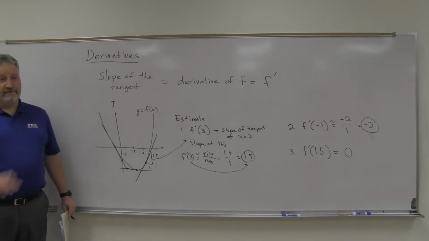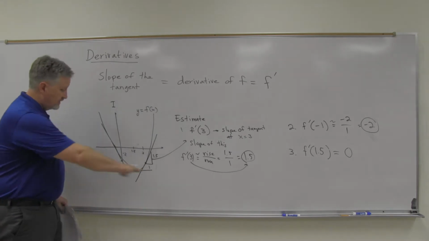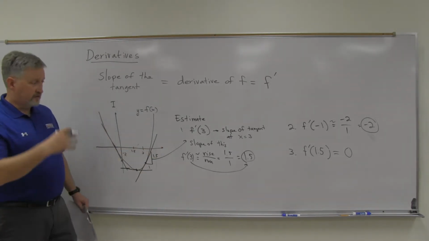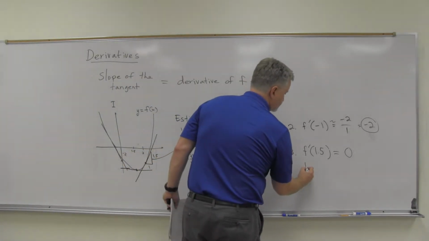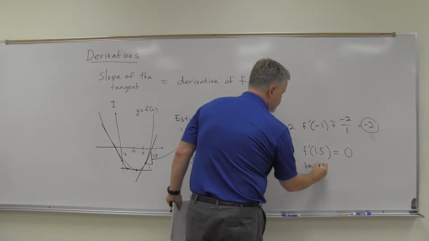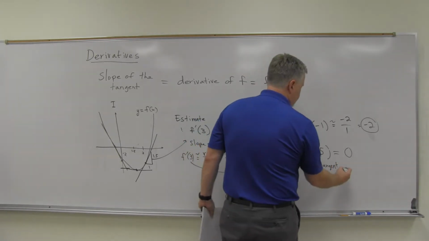But yeah, if I've got a horizontal tangent line, you've got a slope of 0. So any point like that where you draw the tangent line and it's horizontal, your derivative is going to be 0 at that point. Okay? So at horizontal tangents, slope is 0, so the derivative is 0.